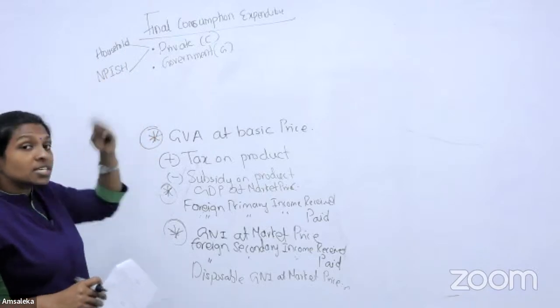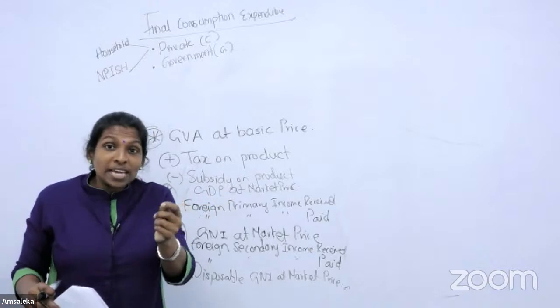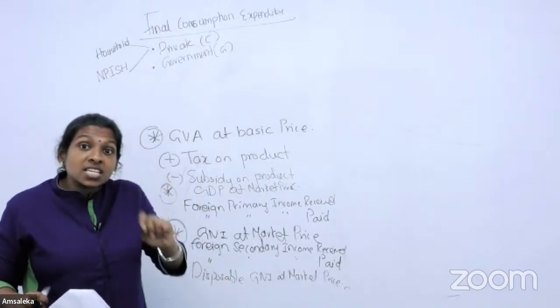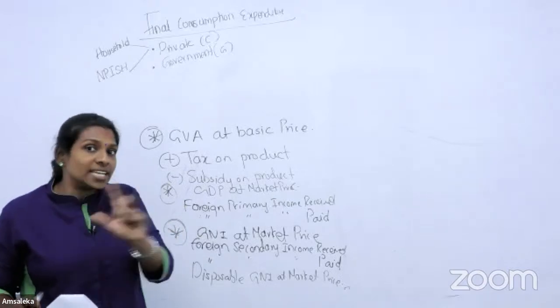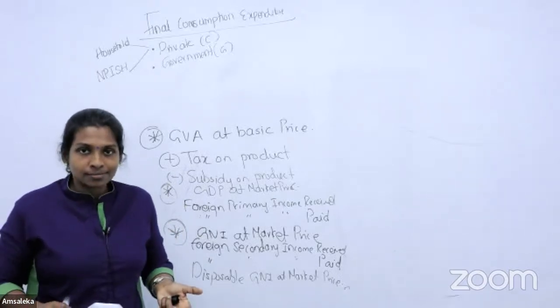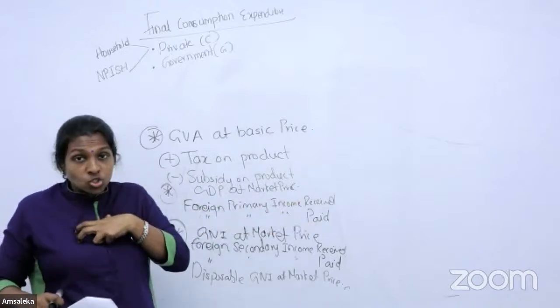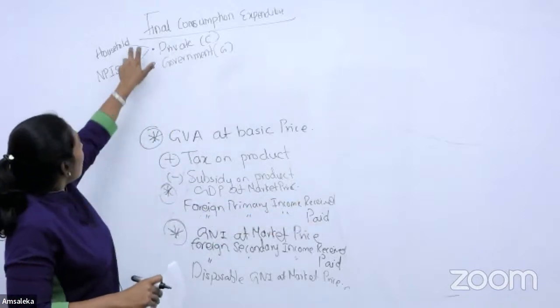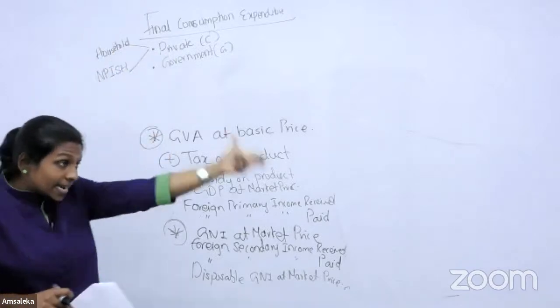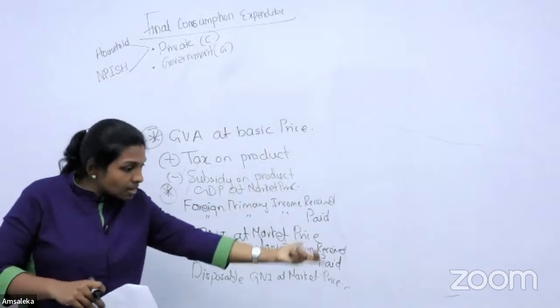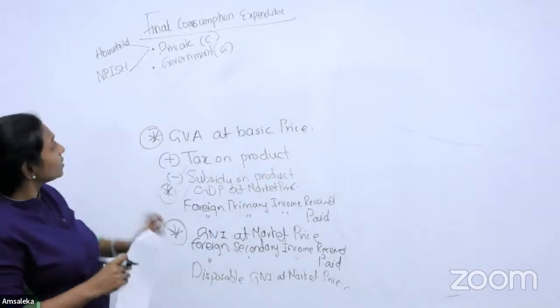Non-profit institutions serving households are simply missionaries, charities, political parties; they serve us with no intention of profit. So both are household related: households directly spend to get goods, and non-profit institutions provide some service. That is also private.